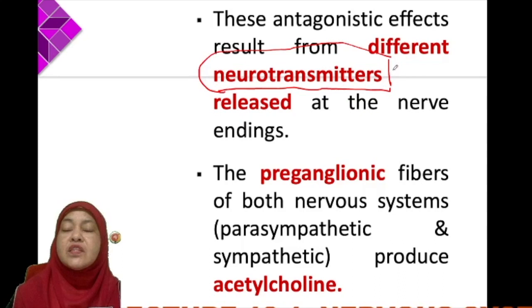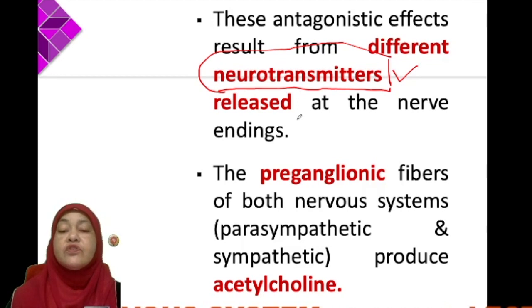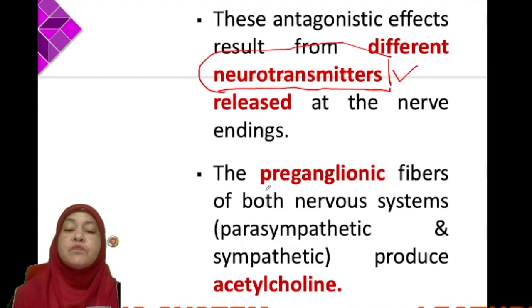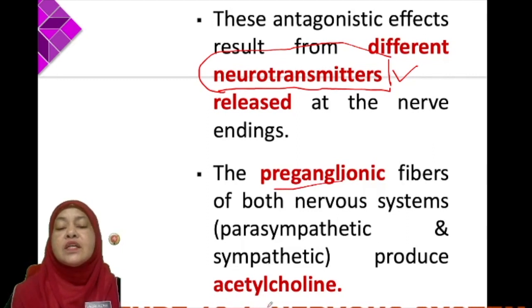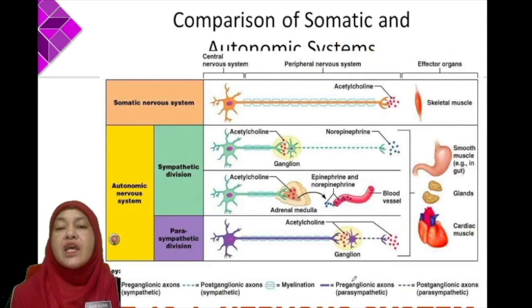Another term the teacher would like to highlight is the neurotransmitter, which differs in terms of what is released at the end of the neuron, or nerve cell. Let us explore. The preganglionic fibers, or neurons, of both the parasympathetic and sympathetic nervous systems secrete the neurotransmitter called acetylcholine.